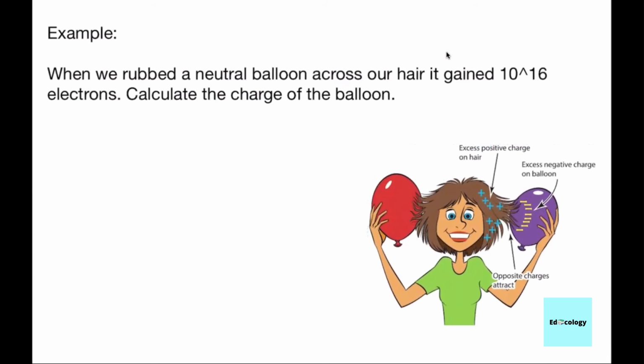So what if they give you an example that says when we rubbed a neutral balloon across our hair, it gained 10 to the power of 16 electrons. Calculate the charge of the balloon. First we know that Q equals negative N times E. Why is it negative N? Because the balloon gained electrons.